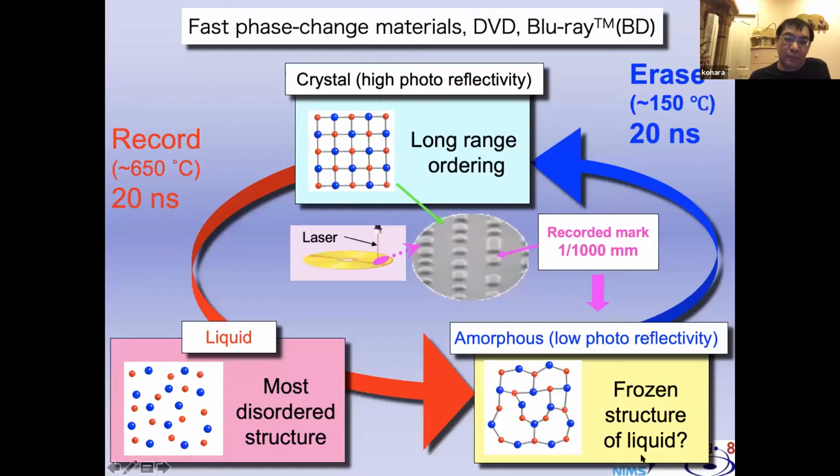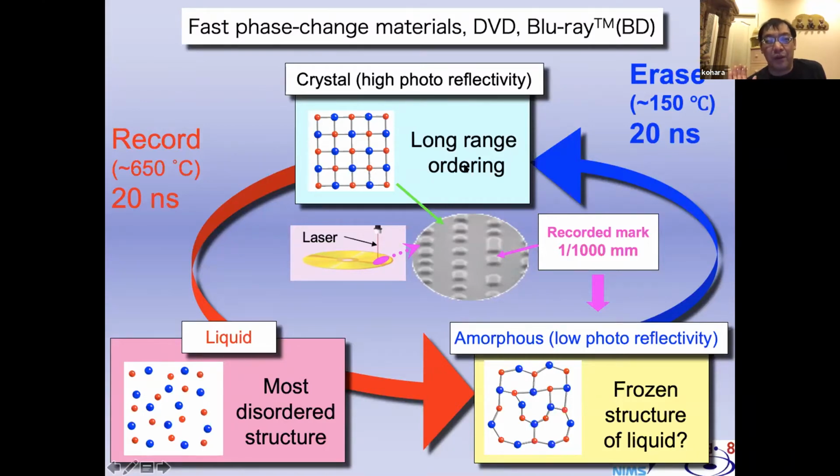Okay, this slide shows the phase change mechanism in DVD and Blu-rays. When we buy raw media, this is the crystalline phase. And the crystalline phase has a high photoreflectivity. And of course, the crystalline phase shows long-range ordering.